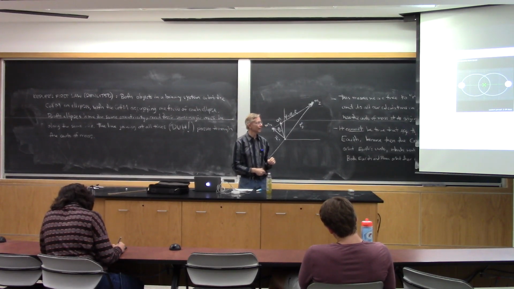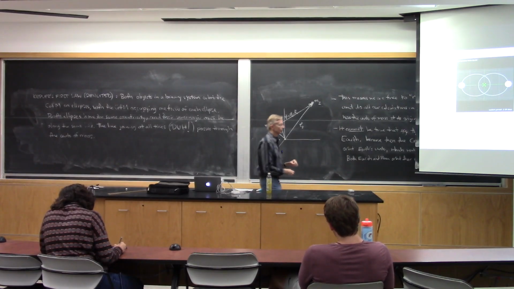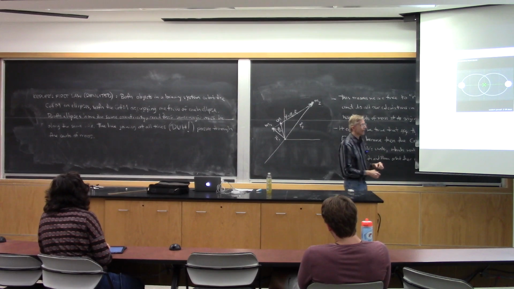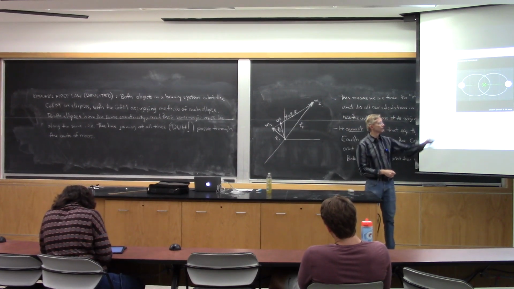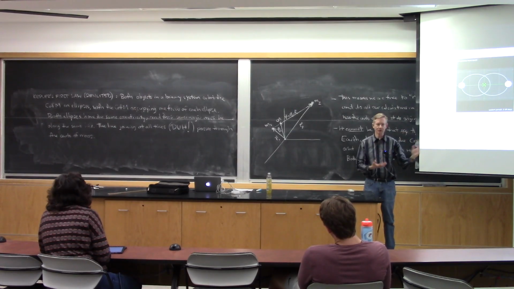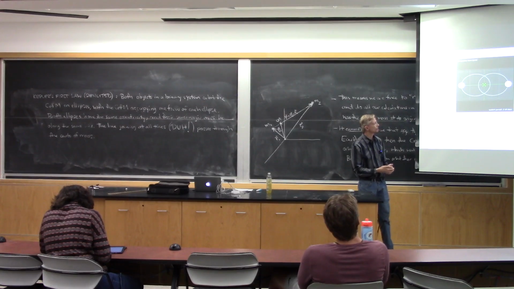Best way to illustrate that is with the University of Nebraska's Class Action app, which does all kinds of cool astronomical simulations, right? Like the one I was doing before for Kepler's laws. Here's one for a binary system.